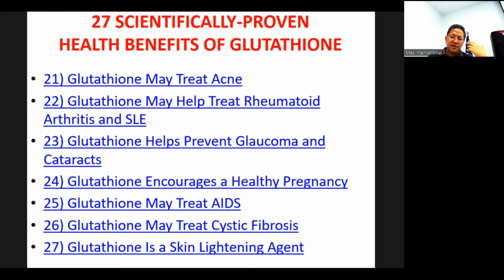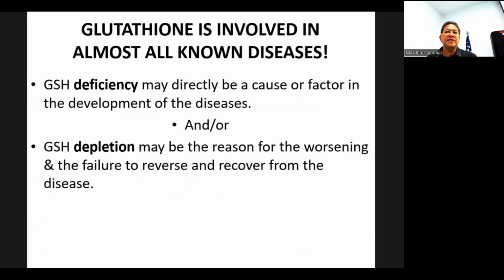They were taking glutathione supplements for a long time just to become fair, but they were getting the other benefits. Unfortunately, at that time, most didn't know that taking glutathione supplements, you probably get only 5% absorption. That's why the science says do not take glutathione supplements, but take glutathione precursor supplements.